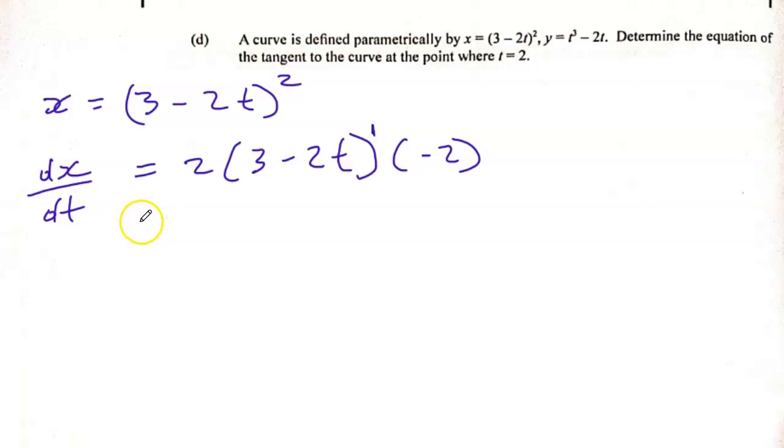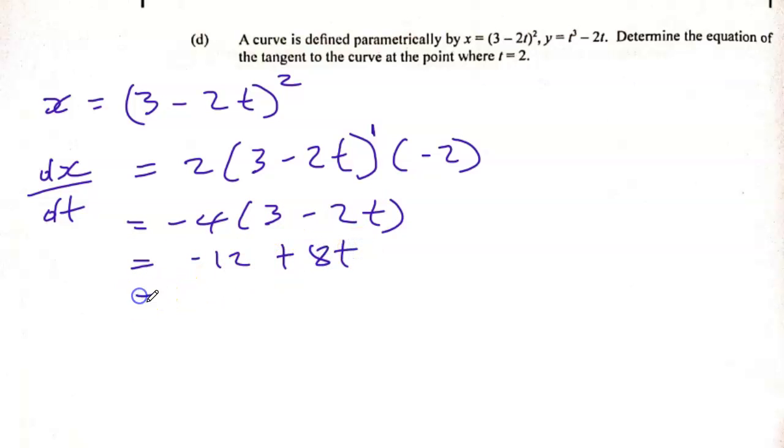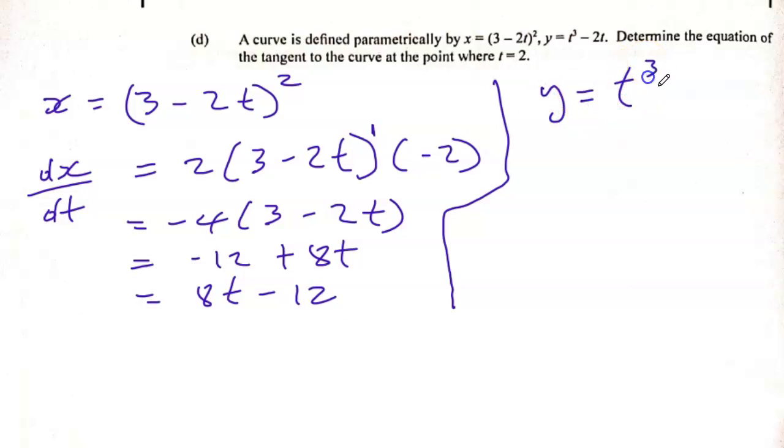So this becomes minus 4 into (3 minus 2t). If I expand the bracket, I get minus 12 plus 8t, or let me put the 8t at the front, it looks neater that way. 8t minus 12. And let me also find dy by dt. Now y is t cubed minus 2t.